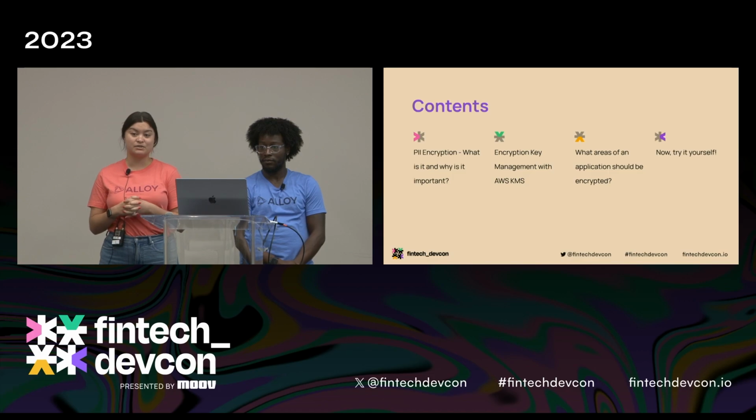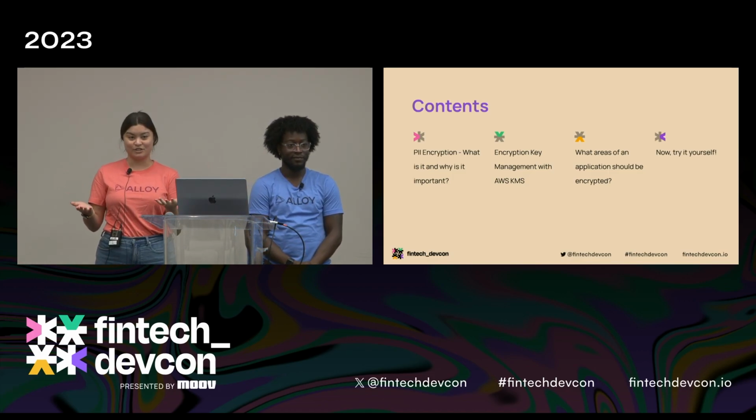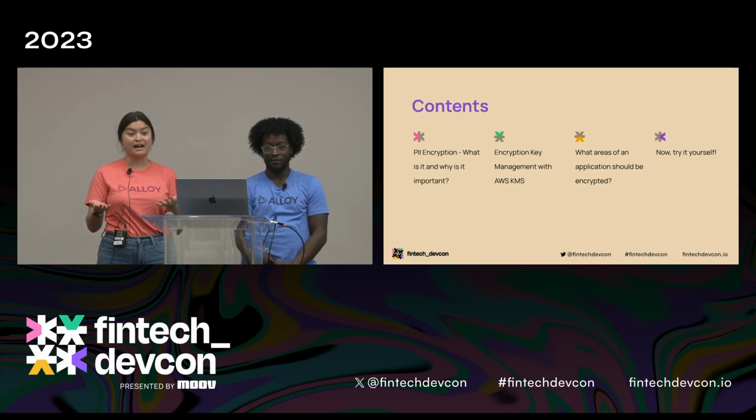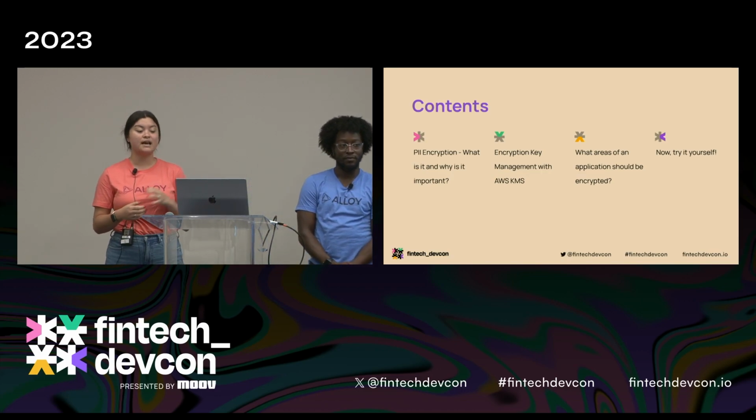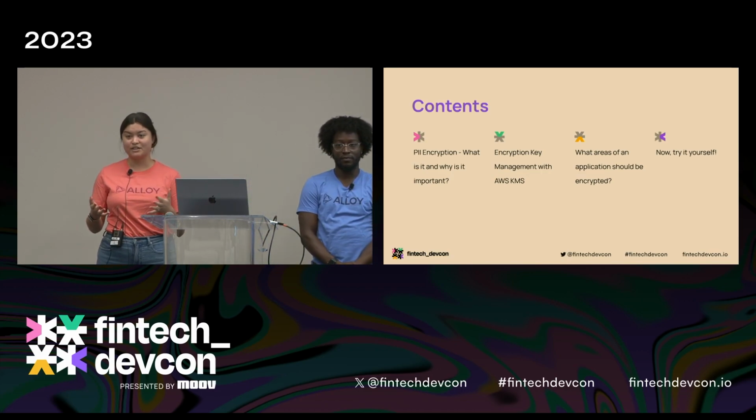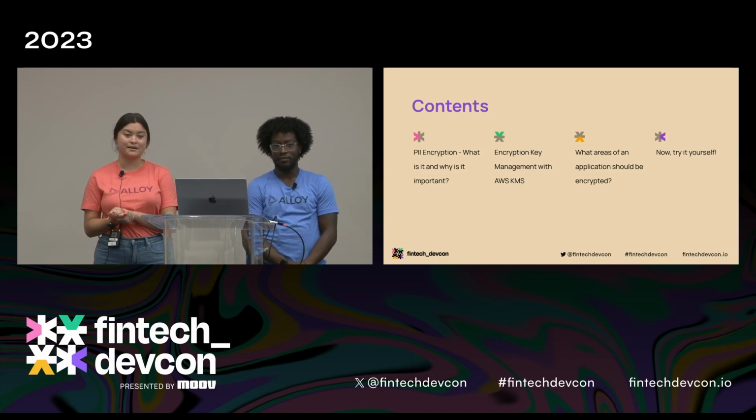And the last step of this workshop, and the largest part, is going to be putting you all in the driver's seat and giving you all a chance to actually encrypt a simple application. So the goal is that at the end of this, you all will have a baseline understanding of how to fully encrypt applications and safeguard customer PII.